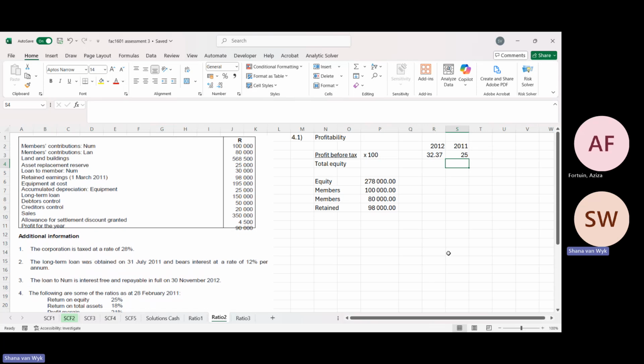It means we made more profit in 2012 than in 2011. So it decreased, which means it's a bit bad.